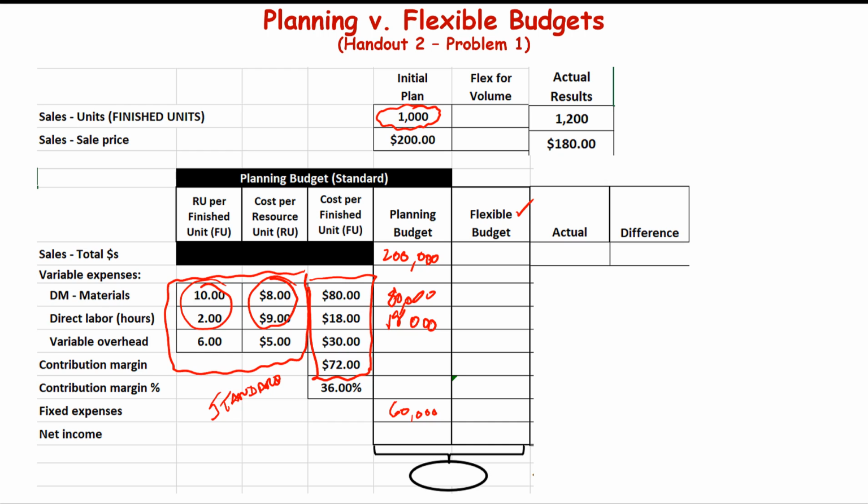Okay, so here's where our challenge is, because you have to be prepared for one small change, and that change goes like this.